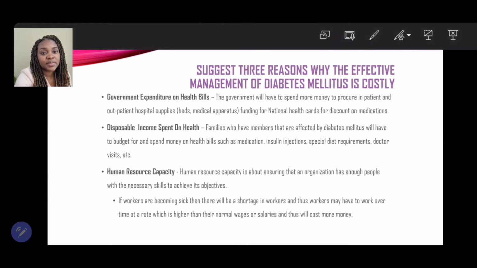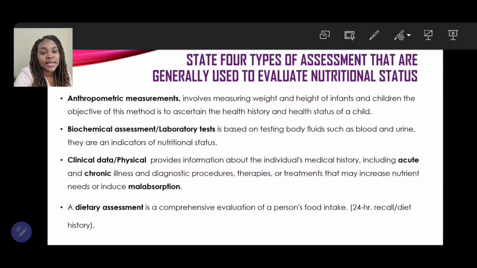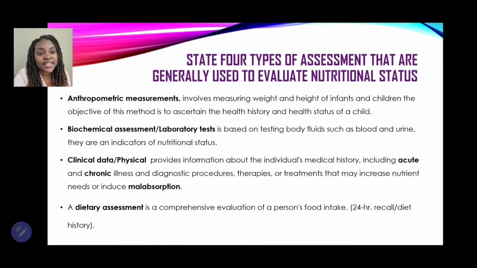All right, next question. Oh, sorry, I skipped a bit too fast. State 4 types of assessment that are generally used to evaluate nutritional status. Now, you notice that the verb says state, right? So you couldn't just go and write anthropometric measurements, biochemical, clinical, and dietary. No, ma'am, no, sir, right?